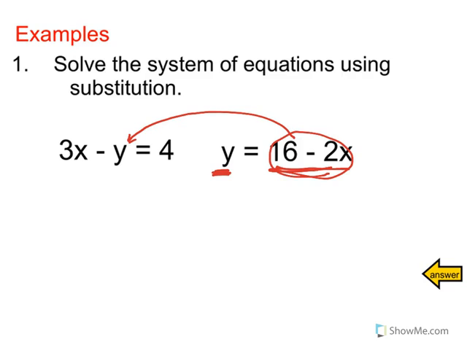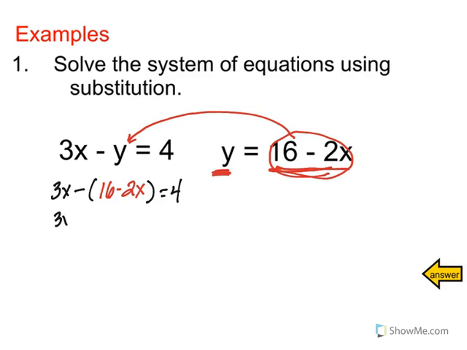So I can write a new equation that says 3x minus, and instead of y, I'm going to write what y is equal to, 16 minus 2x, and that is equal to 4. This allows me to solve the equation for x, whereas before I could not do that.